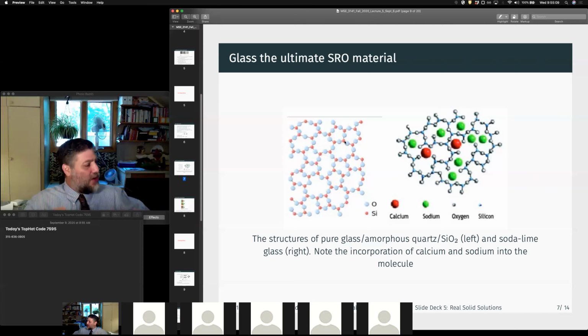But once I go a couple layers out, I can't predict where things are going to be. The further out I go, the less correlation there is between the structure far away and the point where I am. But as I come in, my local structure becomes perfectly deterministic. Everywhere I look, it's going to be identical.